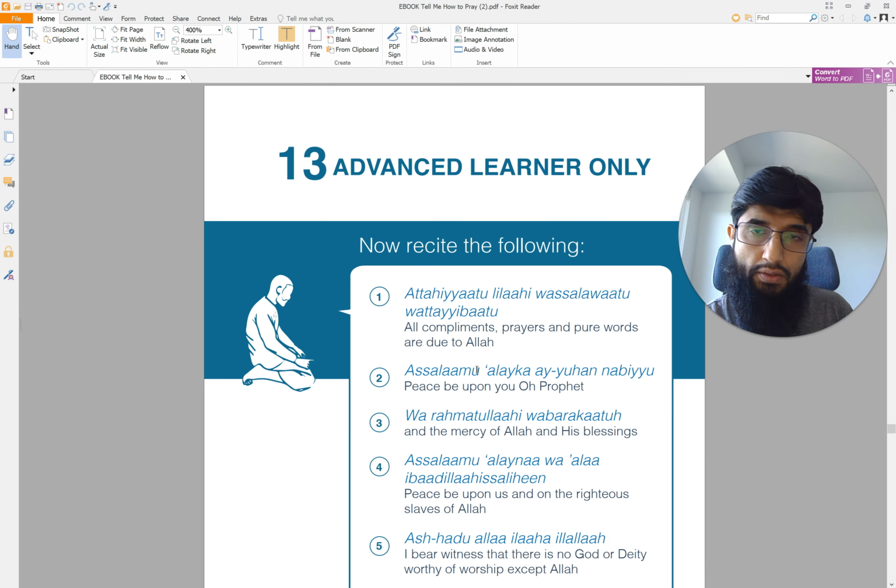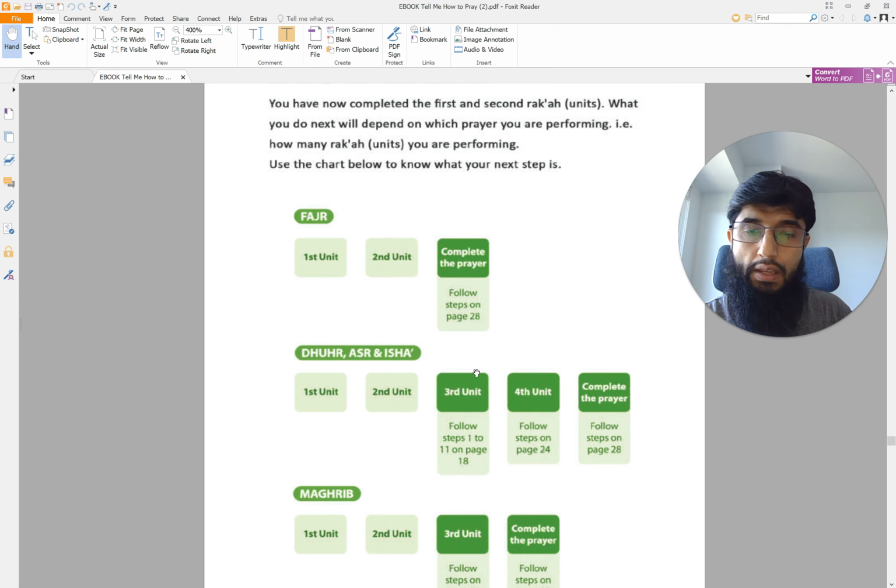All right, so how many units are there in the Fajr, the morning prayer? 2. Then you have the Dhuhr, which is the afternoon prayer, usually around 12:30 or 1:30, depending on the time zone. Then you have Asr, usually around 5 or so, or 3, depending on the season as well. And then you have the night prayer, which is Isha. So these are all 4 units. So first unit, second unit, then it says, steps for third unit, fourth unit, and then you complete the prayer.